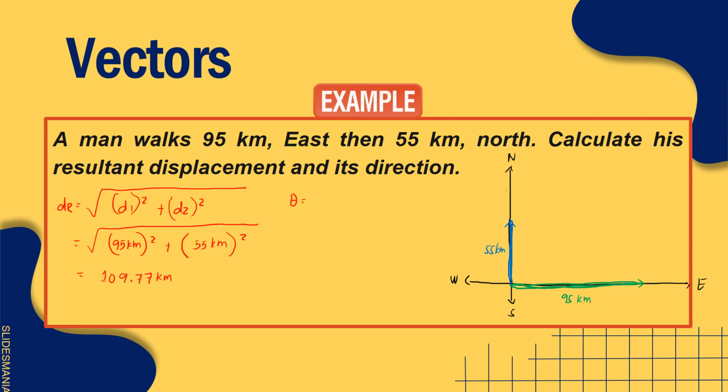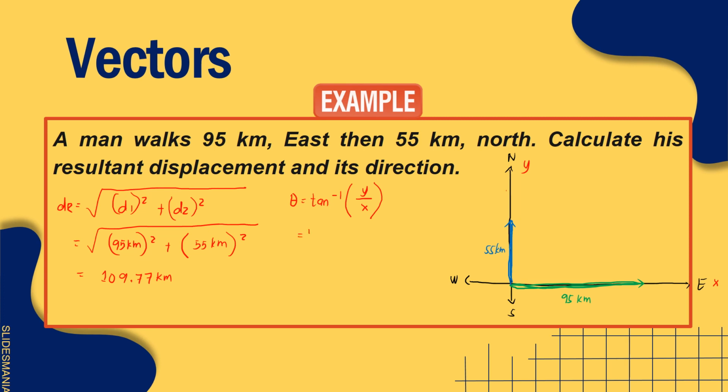In order for us to get its direction, we have to use this formula, which is theta is equal to tan negative 1 y over x. Since 95 kilometers lies in east, which is in the x-axis, and 55 kilometers is in the north, which is the y-axis, therefore we have y as the 55 kilometers and x as the 95 kilometers.